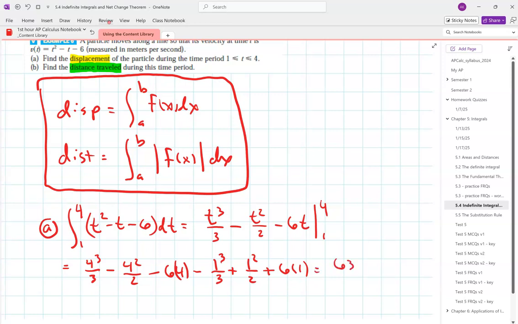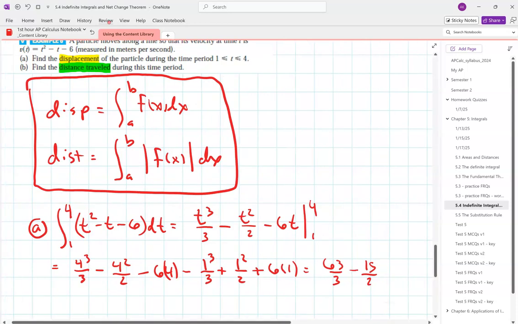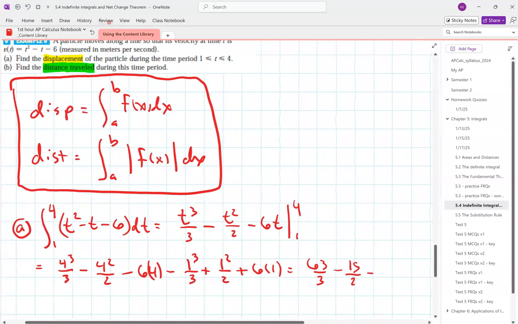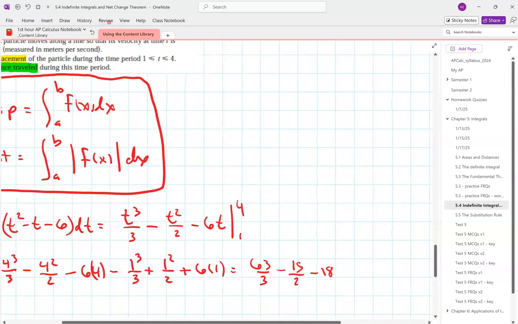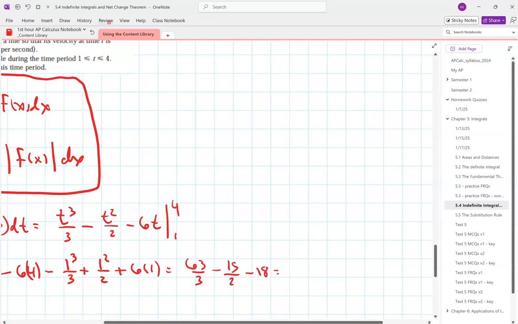We have 63 thirds minus 16 halves plus 1 half, so that's minus 15 halves. And then negative 20, so that'll be negative 18. Then we'll need to make a common denominator, so that's going to be 6.